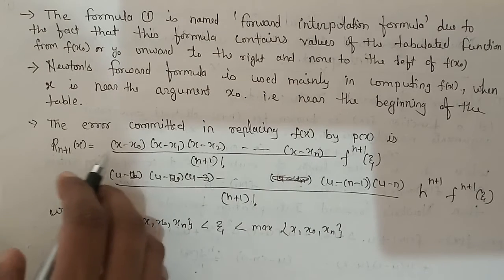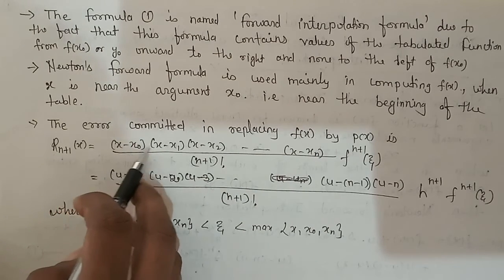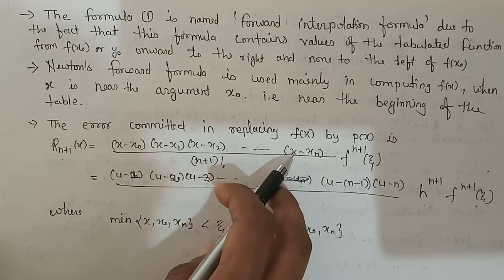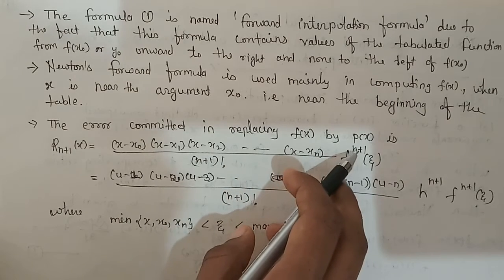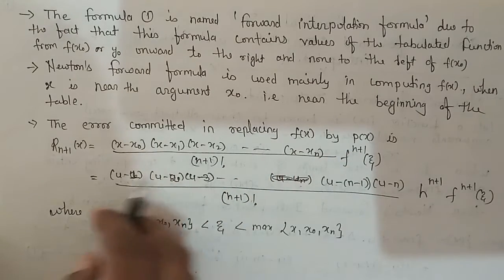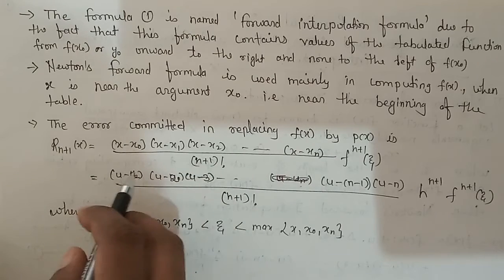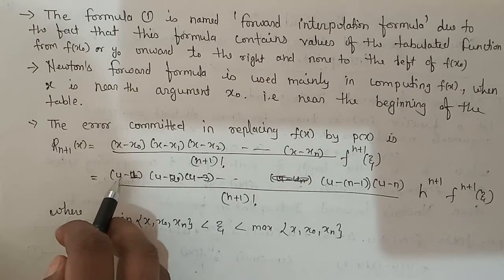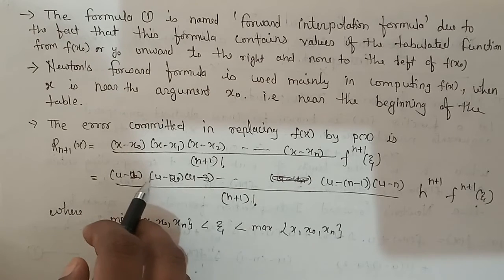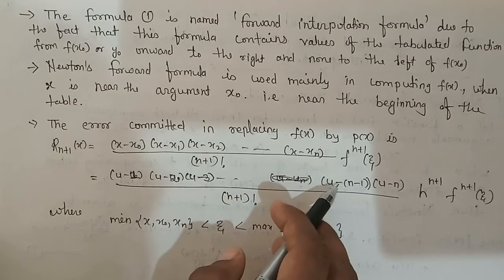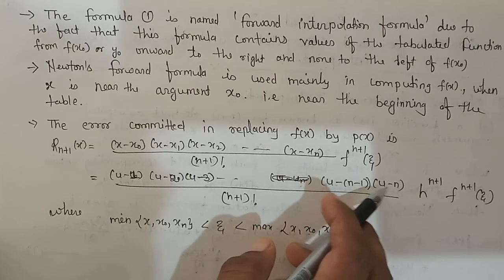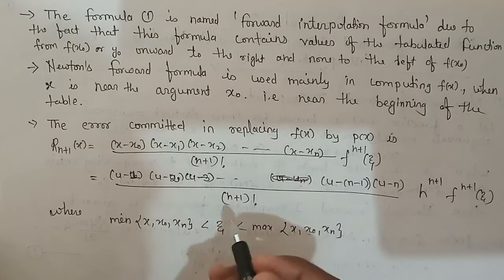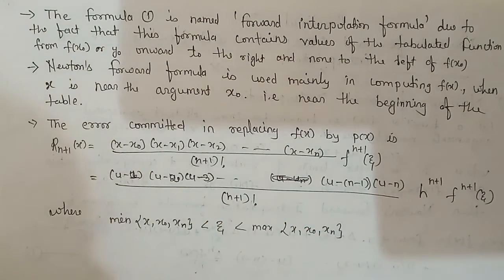R is for error, equal to (x minus x0)(x minus x1)(x minus x2) up to (x minus xn) times f^(n+1)(xi) upon (n+1) factorial. So this is the formula for error in terms of x, and in terms of u it can be written as u(u minus 1)(u minus 2)(u minus 3) up to (u minus n), h to the power n+1, f^(n+1)(xi) upon (n+1) factorial.